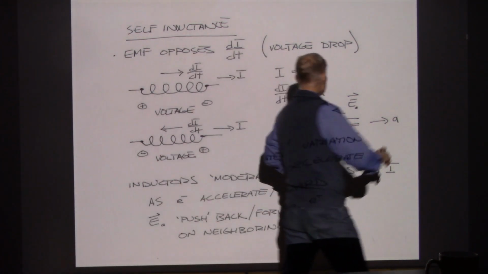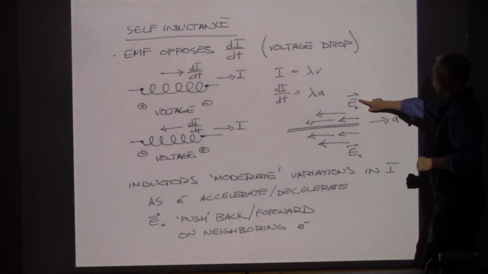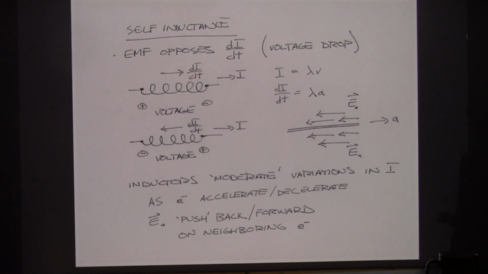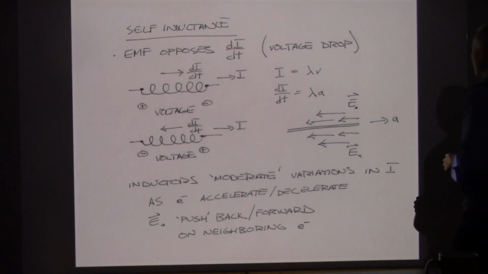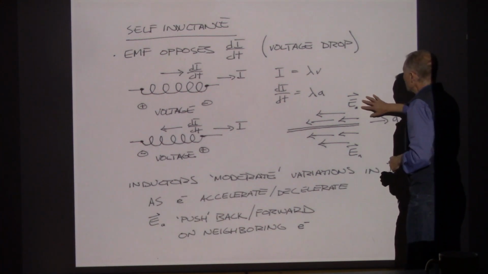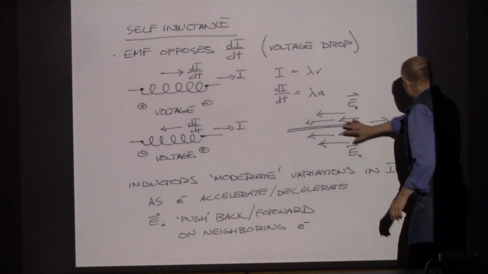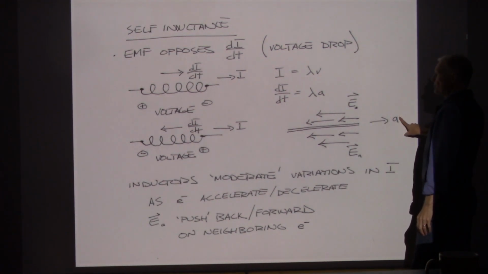Now, the way these electric acceleration fields work, and again, if you need to review the end of chapter 29, take a look at those notes, or go back and watch the last part of the chapter 29 lecture. We're going to end up with electric acceleration fields that are opposite to whatever direction the acceleration is in.